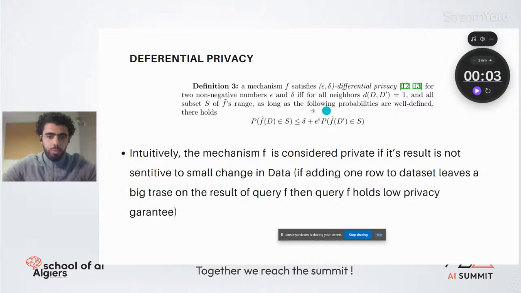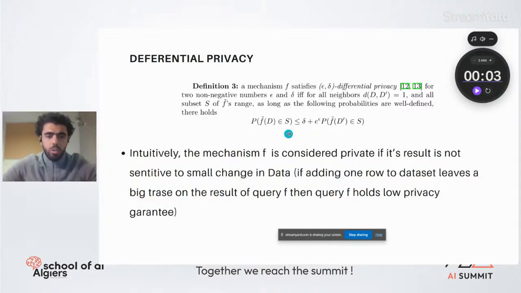So if we can prove that our mechanism guarantees this property, then we can say that our mechanism is (epsilon, delta) differentially private. And this is very important. So how do we do that?